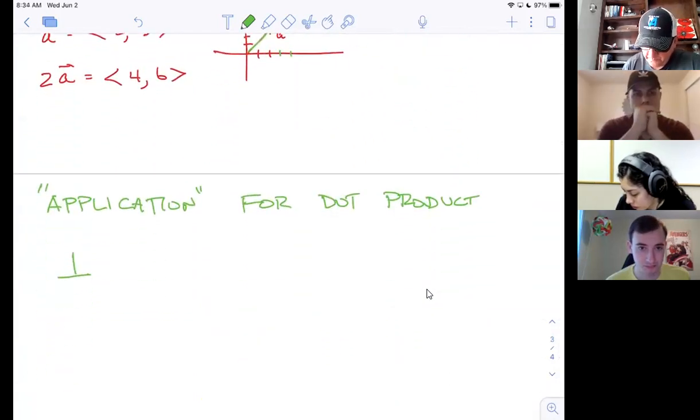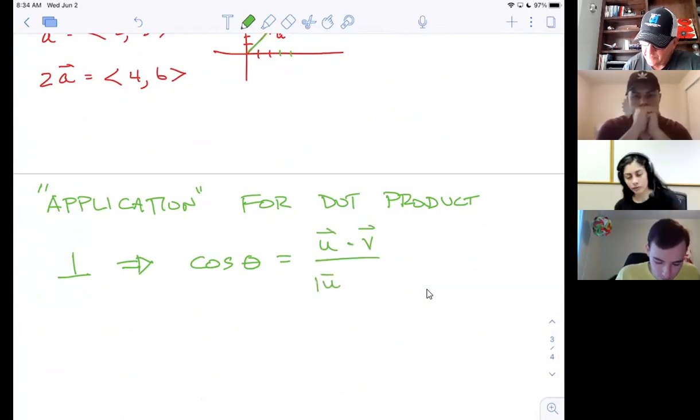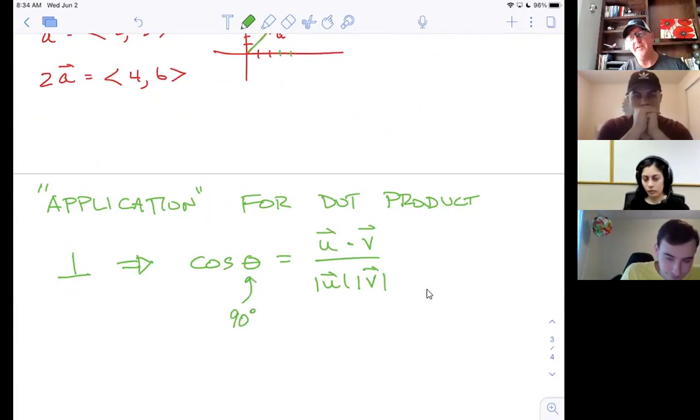But let's just think about perpendicular for a second. What would cause that? Well, if the cosine of theta equals the dot product of these two vectors divided by their magnitudes, what would happen in the event that we were perpendicular? Well, perpendicular is when that angle is 90 degrees, right?